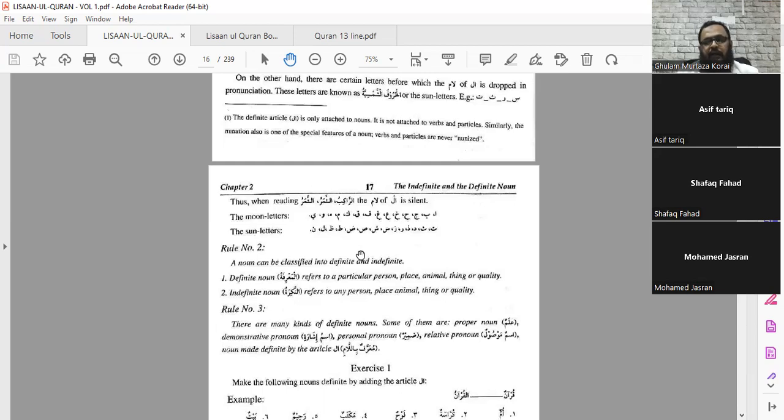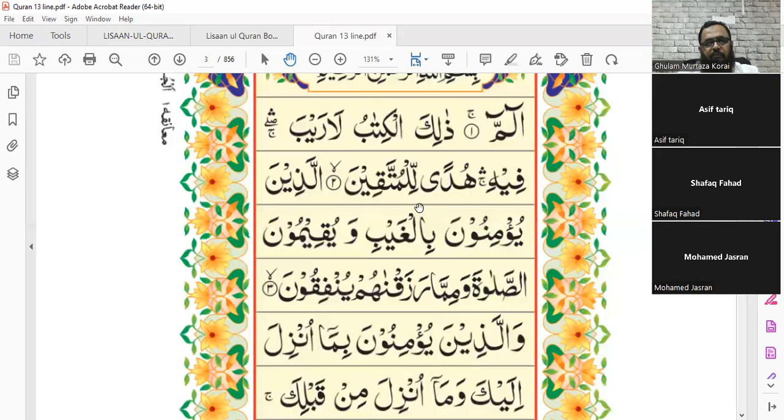Likewise, if I say tariqun, but if alif lam, at-tariqu, lam is silent. Understanding? We can have a lot of examples from Quran, like salatun. If alif lam comes before it, it becomes as-salatu, lam is silent.